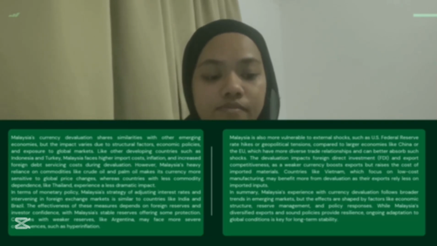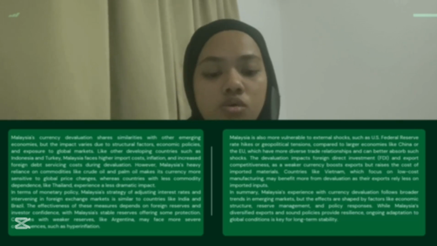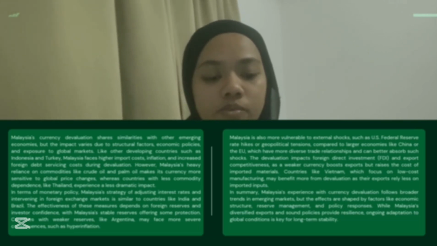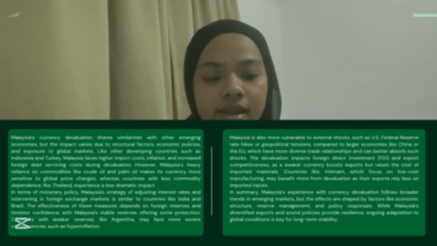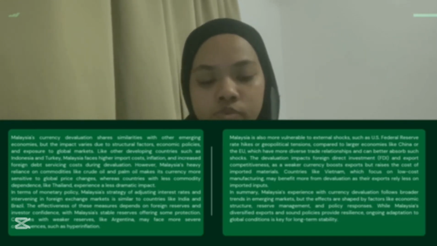Countries like Vietnam, which focus on low-cost manufacturing, may benefit more from devaluation as their exports rely less on imported inputs.